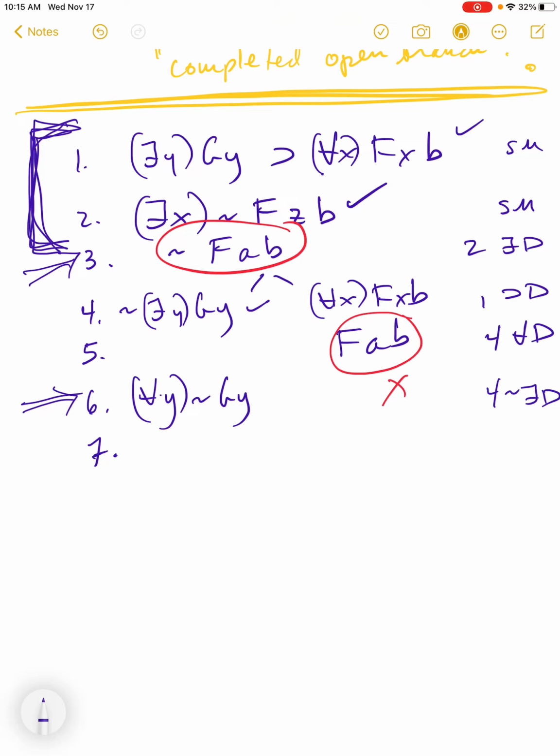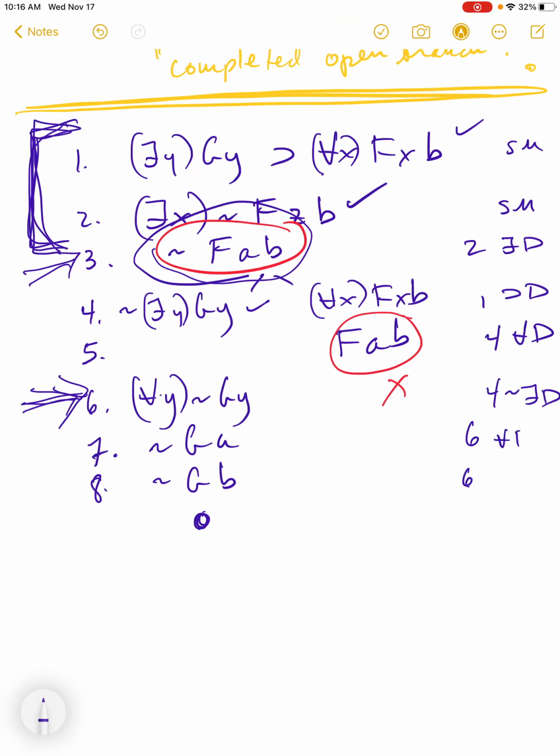So the interpretation that I've got in mind so far on line number 3 has two things in the universe, and then on line number 6, I'm saying everything in the universe is out of the extension of G. So in this interpretation that I'm constructing over here, there are two things in it. So I have to say that A is not in G and B is not in G. And this branch is still open, right? And I get both of those from line number 6 by universal decomposition.